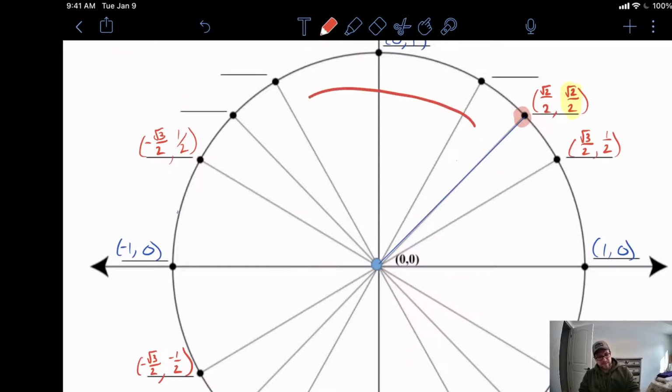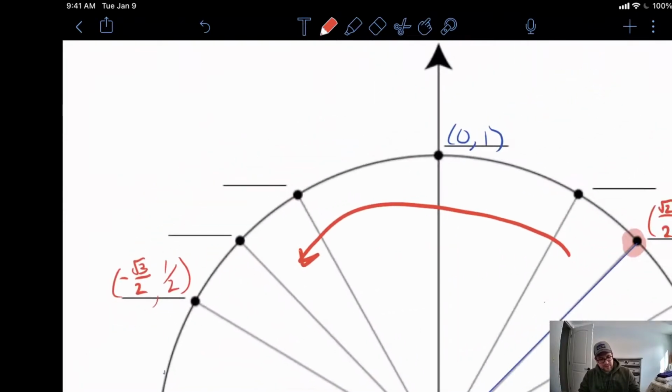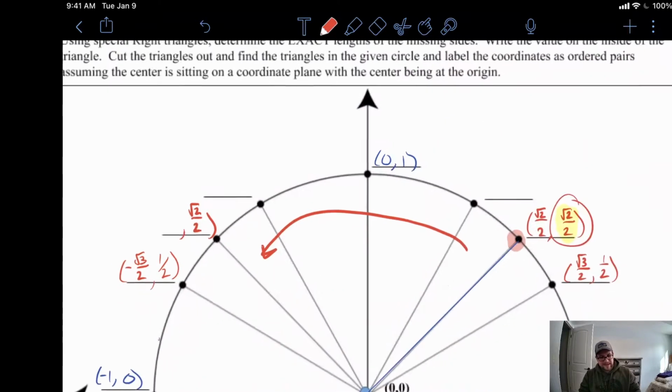So if I wanted to map this point over to here, the middle point's going to always map with that middle point. The y value is still positive in both of these situations. So we're going to still make that positive, and it's going to be a positive square root of 2 over 2. But now our x value, right, this one was to the right, the square root of 2 over 2.